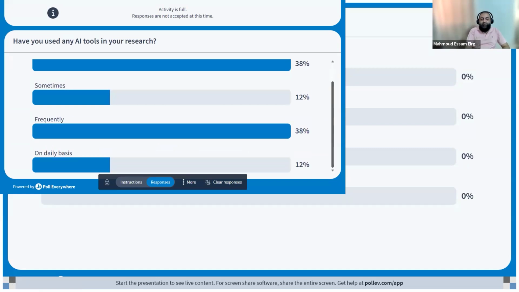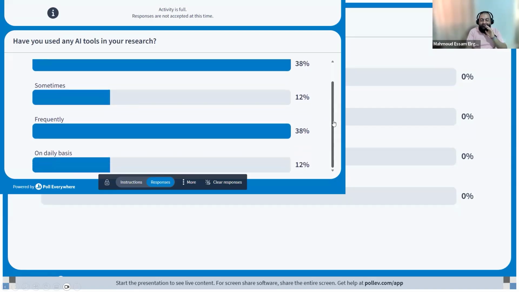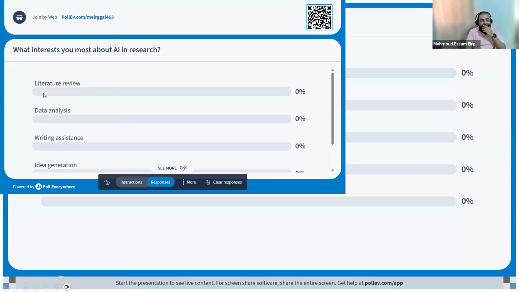So we almost have two different populations, equally split. A population of 50% of the participants, and this might be a research finding, right? 50% of the participants use AI tools frequently or daily. So around 50 participants, which is 50%, say they are using it frequently, and almost 50% did not use it. Okay, let's go to the second question.